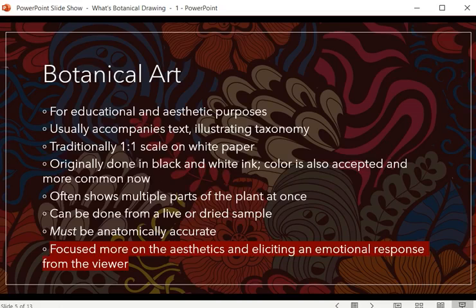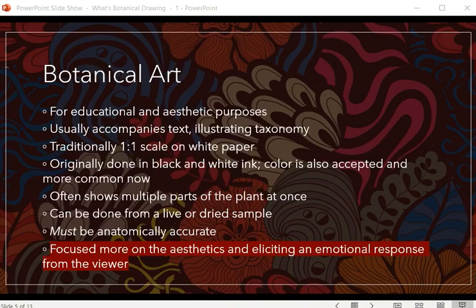Now, art is almost the same. The only thing that really differentiates them is that botanical art is focused more on the aesthetics and eliciting an emotional response from the viewer, which is, in general, the purpose of art. However, it is a spectrum, because botanical art still has to follow the rules of botanical illustration.